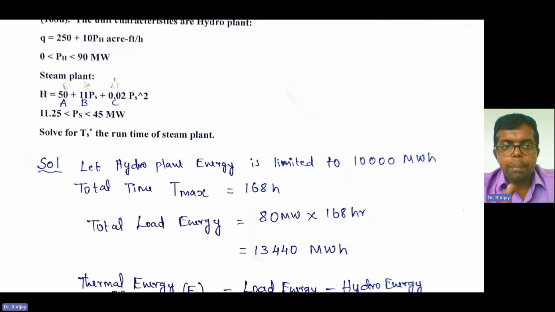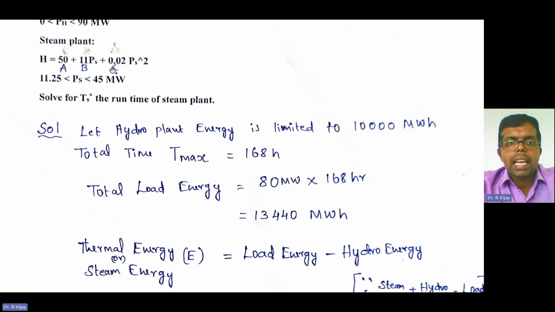So we take the constant term as A, the next term as B, and this term as C. So C is 0.02 and A is 50.